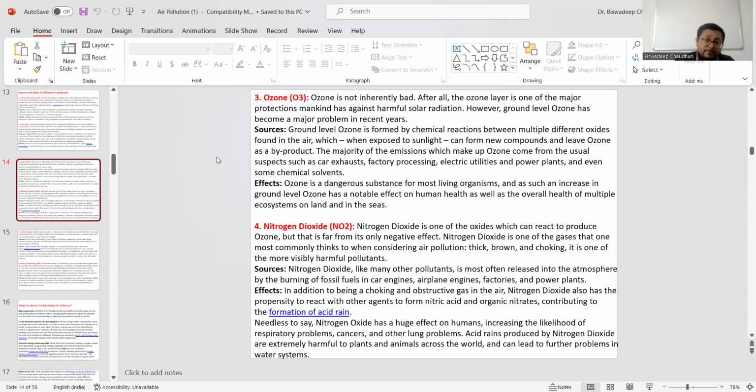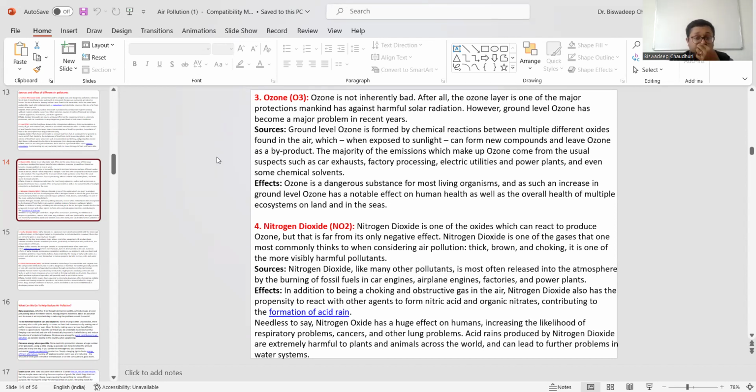As a result, the ultraviolet radiation gets filtered out before reaching our skin, so its harmful effect on our skin is to some extent nullified. So the ozone layer is good.